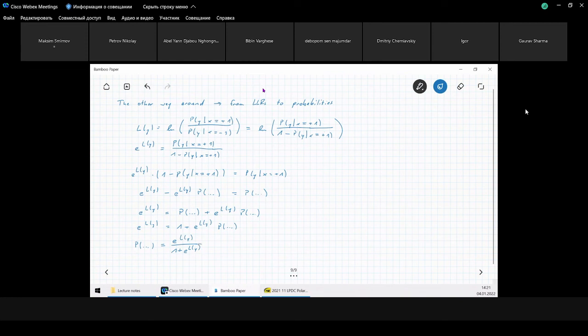So let's write this once more. This is P of y, so the probability that we get an observation with the value y if x being plus 1 was transmitted. And this is actually the same as saying the probability that x being plus 1 was transmitted.